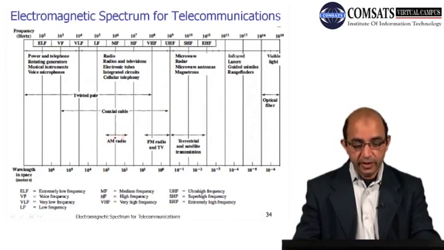Then we have AM here, FM here, and this is terrestrial and satellite communication. This is the portion for infrared and laser, and here we have visible light and optical fiber. So wavelength is decreasing over here.